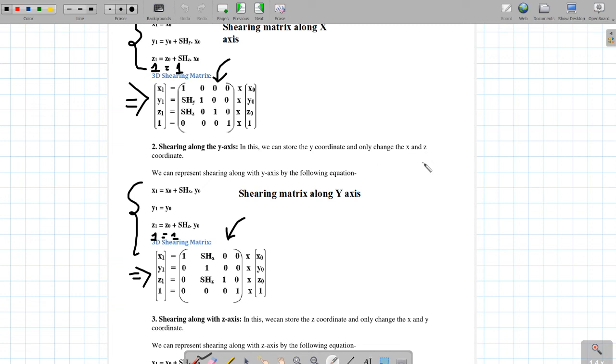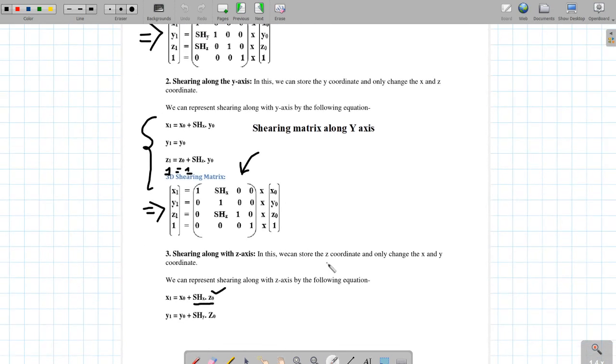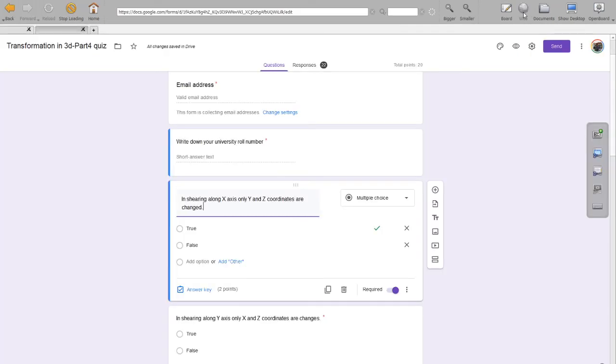And for shearing along z-axis, the z coordinate value remains the same and x and y coordinates are changed. So the answer is true.